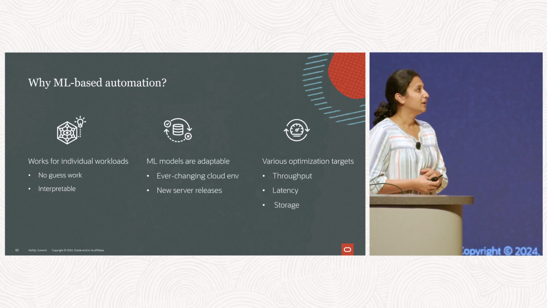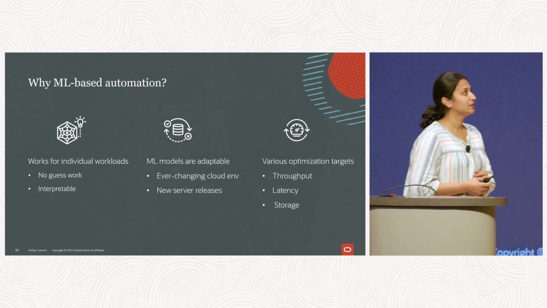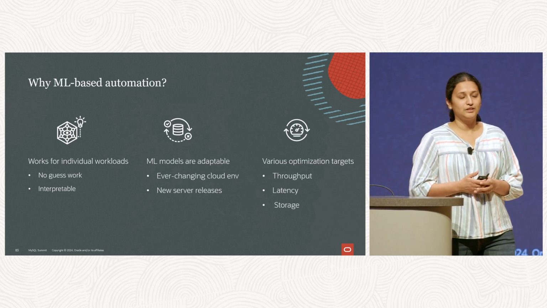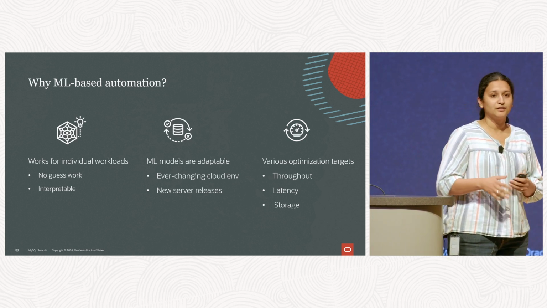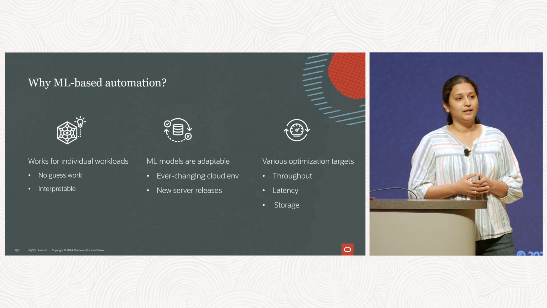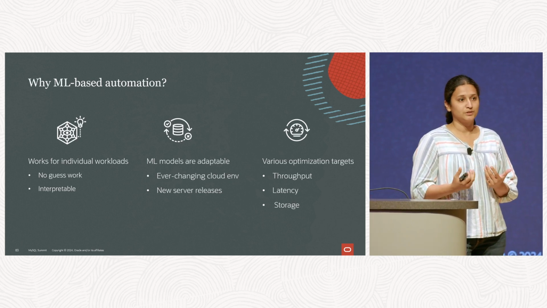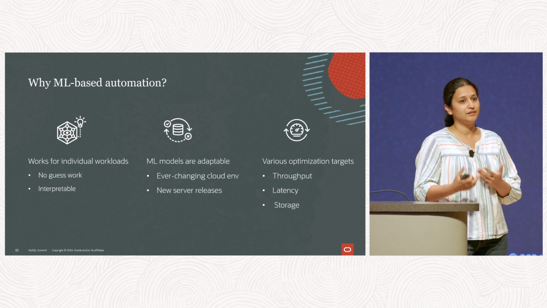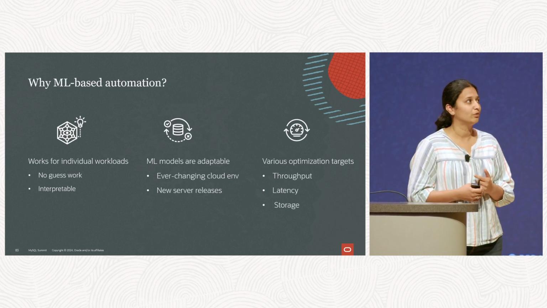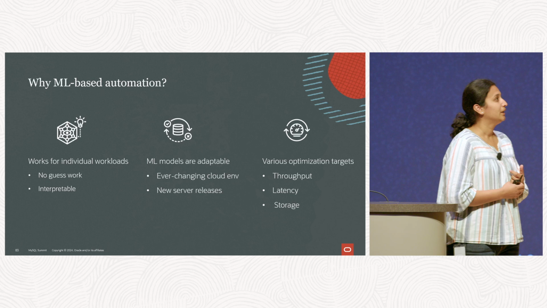I'll come to an example next, but just to give a few advantages of using machine learning here. One very obvious one is that there's no guesswork. We train the models offline, and these models take away all the guesswork and trial and error, because we don't need to create indexes and try to validate what the performance impact is.